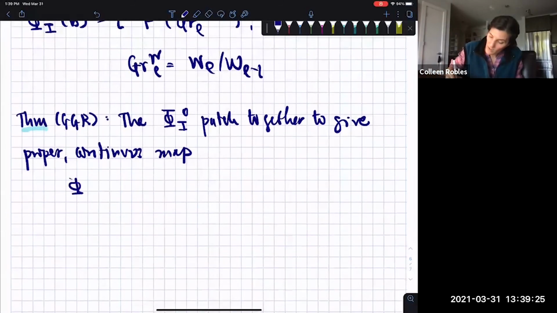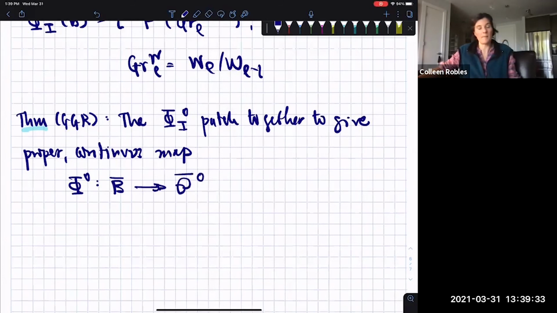That I'll just call phi naught, defined all on B bar. And let's call the image of this space P bar naught.